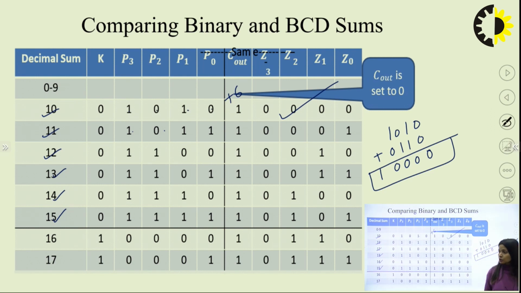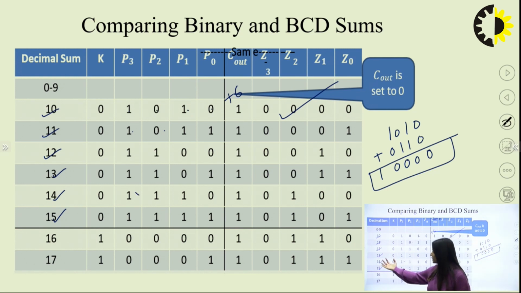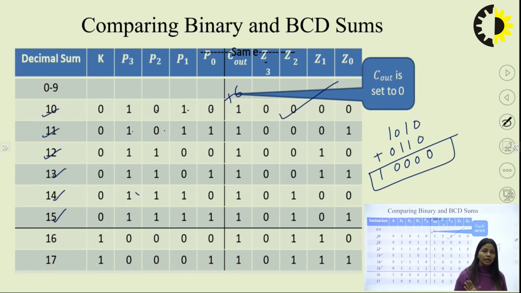Okay. So again I repeat, this side is nothing but the invalid BCD code I have written, and this side is nothing but after applying the corrective method of adding plus 6 to my invalid code I have written to the right side of this particular table.